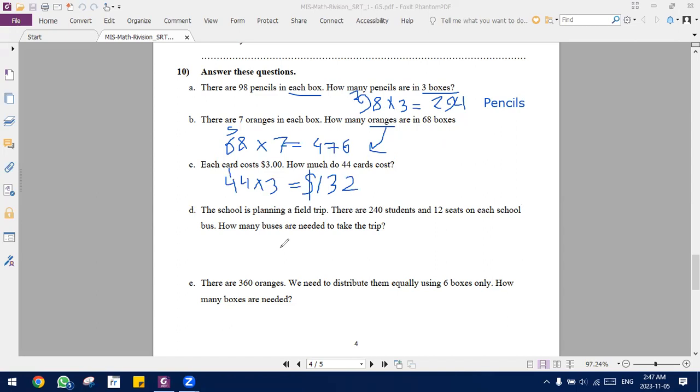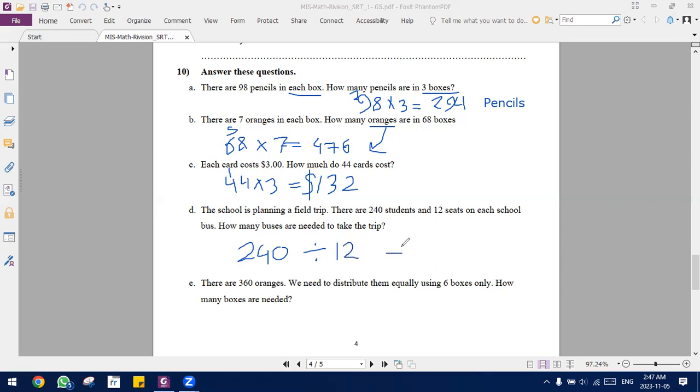So here I'm distributing students to buses. So I'm doing division. So we say 240 divided by 12. Some of you will use long division to solve it. Some will do it mentally.